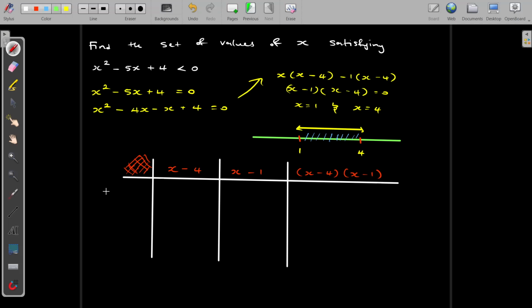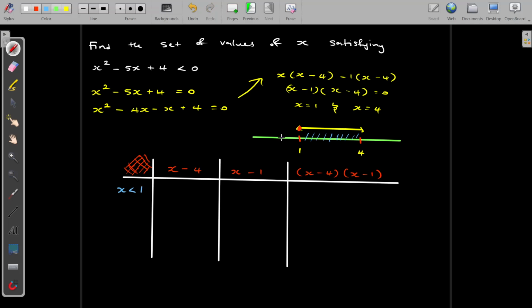So now going down on the side over here, we're going to be putting the possible solution sets. So firstly, we could have a set of solutions that are less than 1, right? If we didn't know the number line or anything like that, we could have a set of solutions that would be less than 1. So we're going to say where x is less than 1.